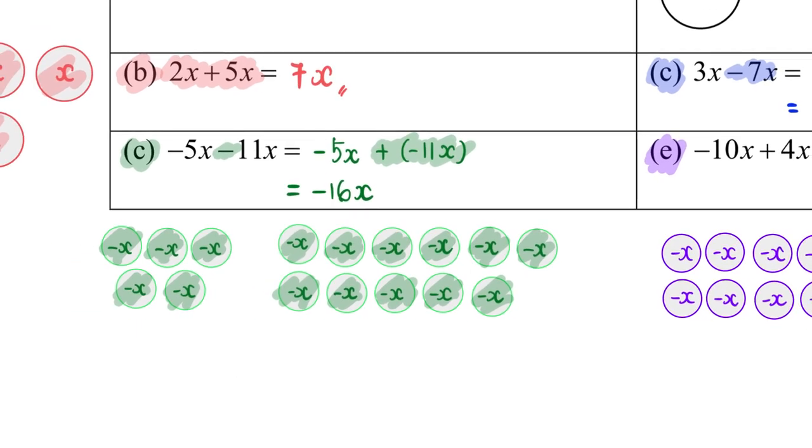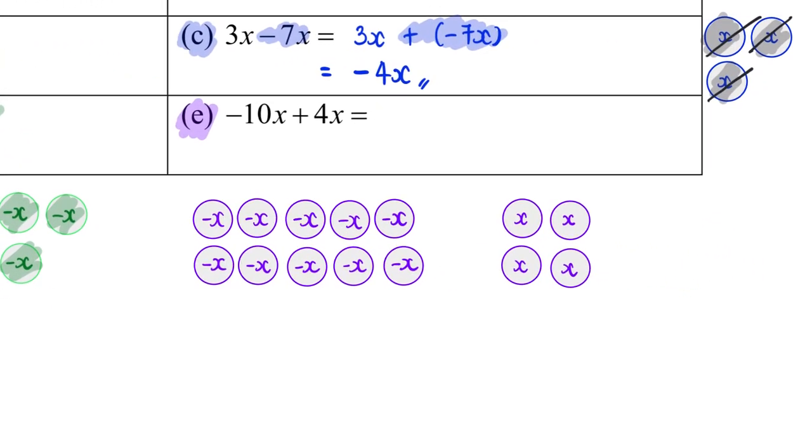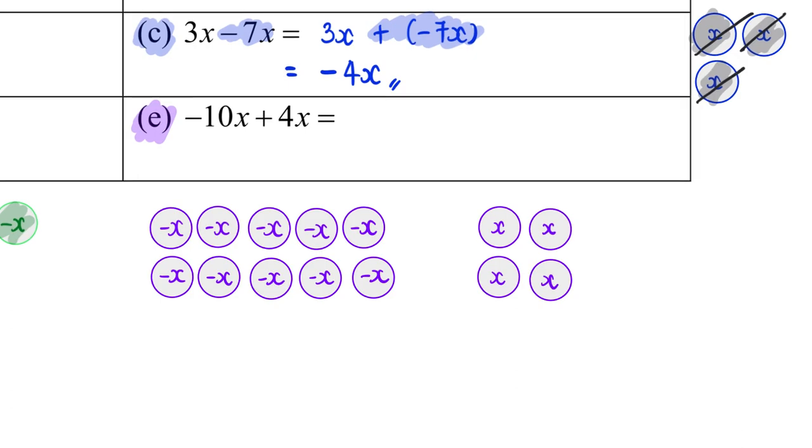And the last example where we tap on the Algediscs to help us would be negative 10x plus 4x. And again, negative x and positive x, they make a zero pair.